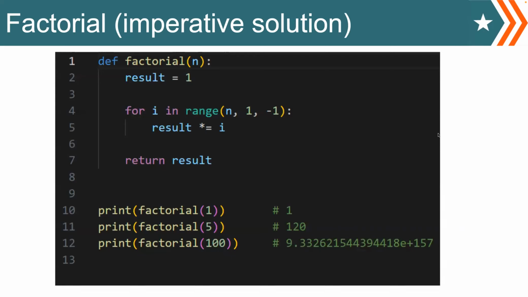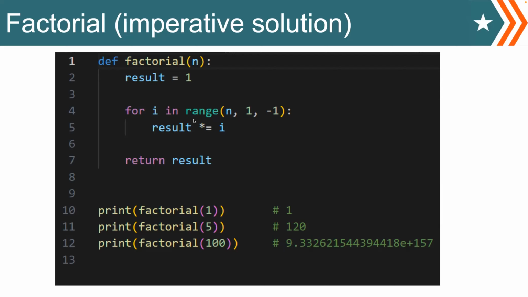I'll run this in a moment and code it up. Let's take a look, and we can see it's pretty straightforward. We need a range, we have a result, and we're multiplying that result by the most recent thing.